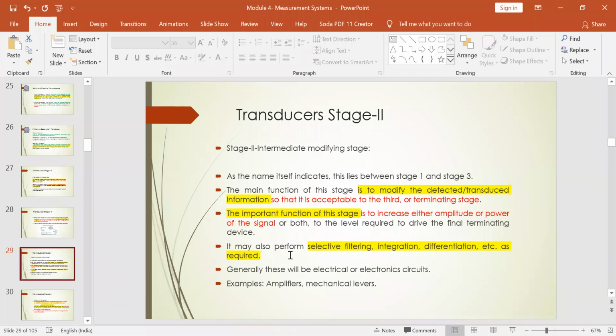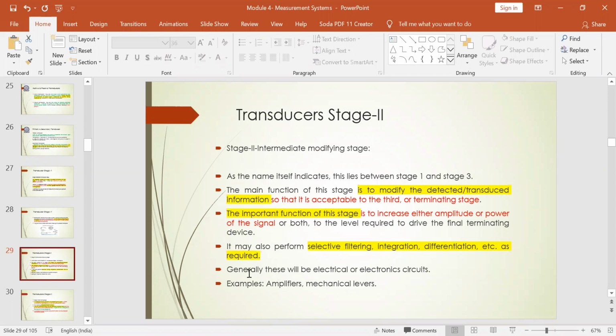So all the modification, filtration, integration and differentiation of any parameters from the sensed physical quantity will be done here so that you can get the required output as per the requirement.